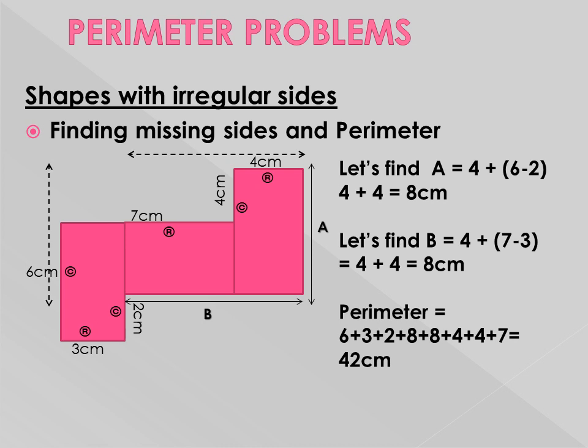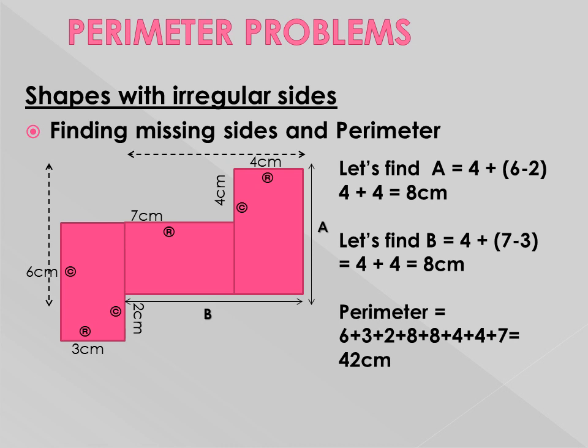How do we look for the measurements? If it was a full rectangle, we're not looking for the length of the inside. It has to be the outside. It's supposed to be a full rectangle, but since it's been cut off or divided, how are we going to look for this side?